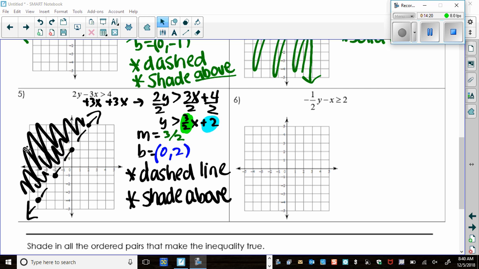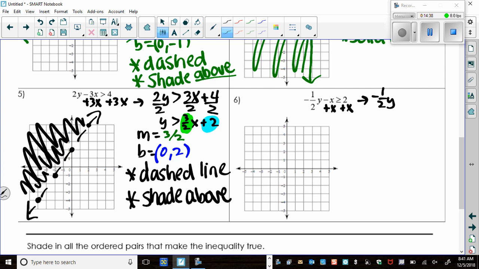Okay. Number 6 is a very interesting one that I want to go over with you. So I want it in slope-intercept form, so I'm going to do that right now. I'm going to add x to both sides, and I'm going to go over on this side so I can give myself a little bit more room. So I have -1/2 y is greater than or equal to x plus 2.